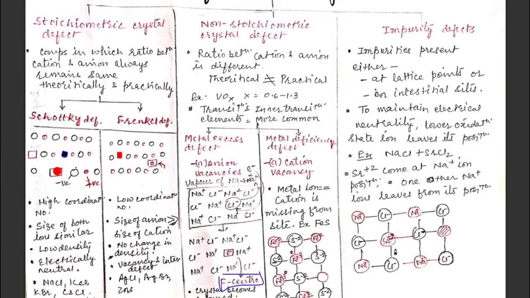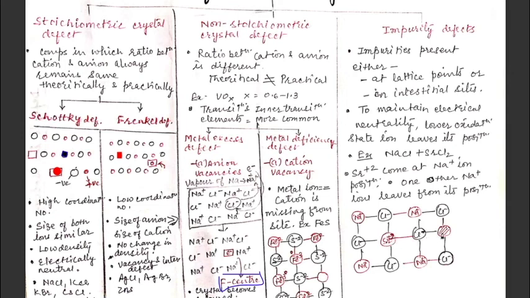So electrical neutrality remains same, but due to presence of foreign ion, it is a kind of impurity defect, and of course it is a type of vacancy defect also, क्योंकि यहाँ पर vacancy create हुई है.